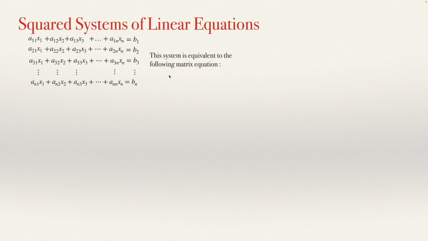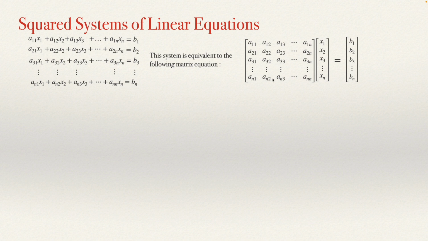And we know also that this system of linear equations is equivalent to a matrix equation in which we have the matrix of the coefficients, a vector of the unknowns, equal to a vector of constants. So what we have is just one equation of this form: A, the matrix of the coefficients, multiplied by x, the vector of unknowns, equal to a vector of constants.